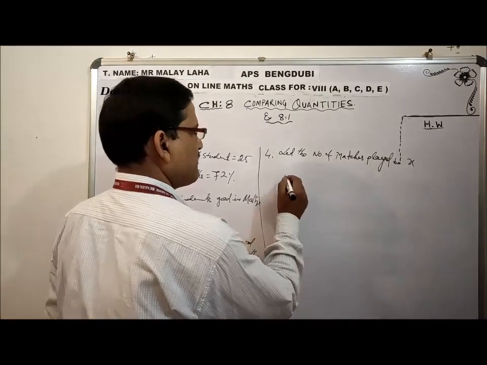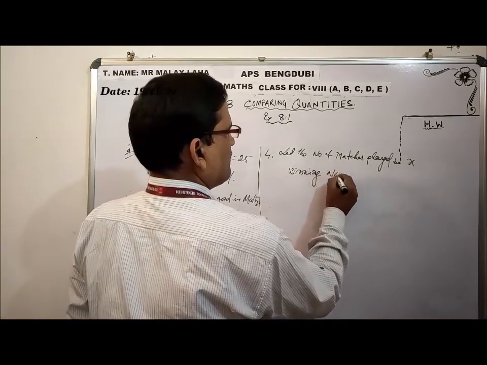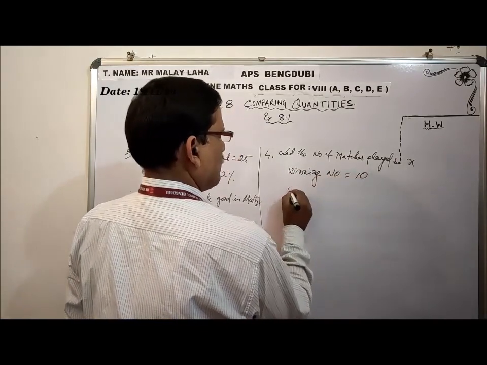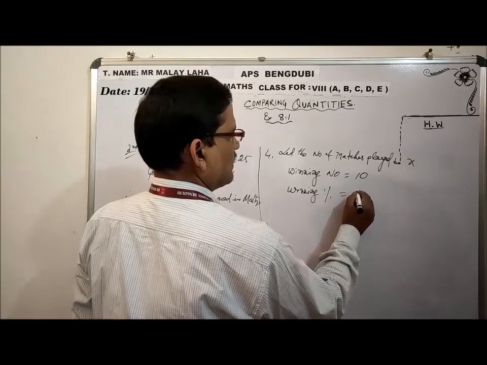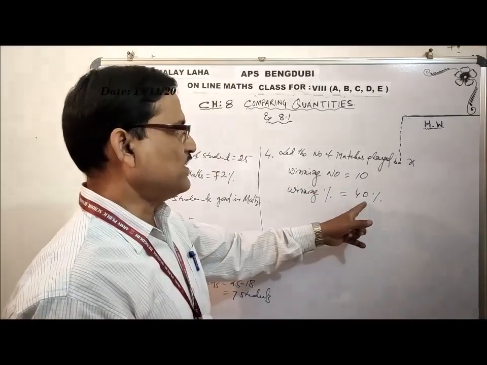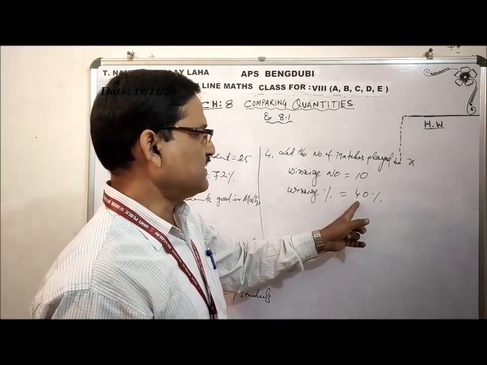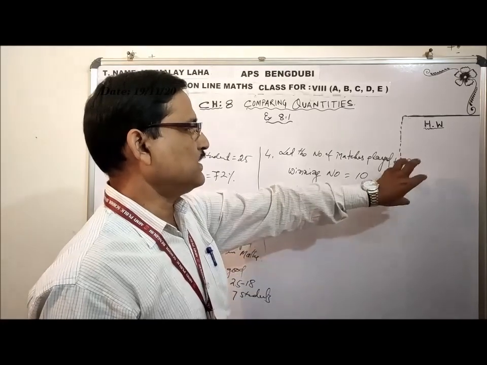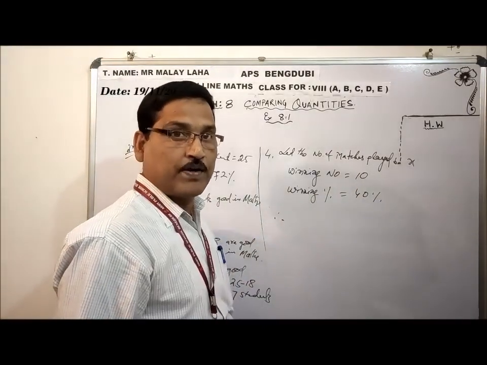The winning number is equal to 10. The winning percentage is equal to 40%. So 40% of the total number X is this. What is the value of 40% here? 40% of the total is 10. Therefore, in class 7 you have come to know how to find out the whole quantity.